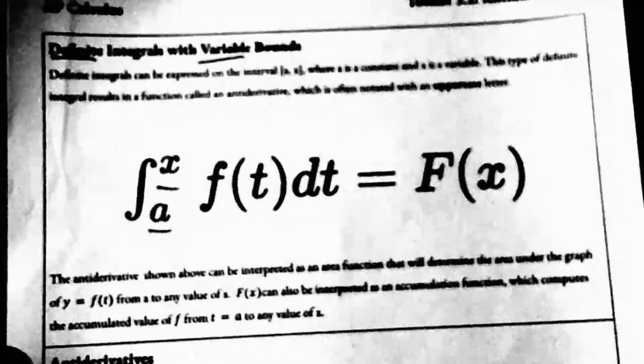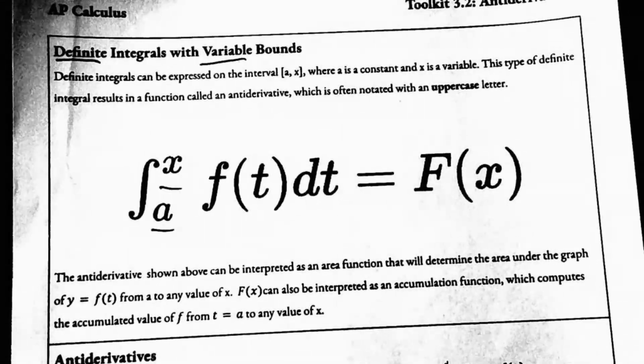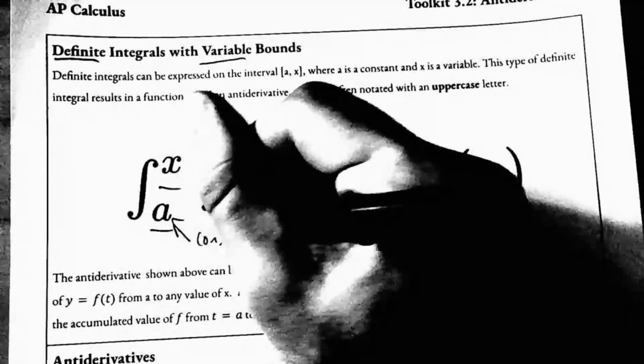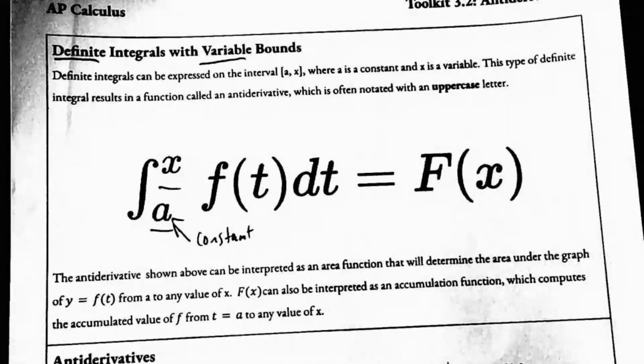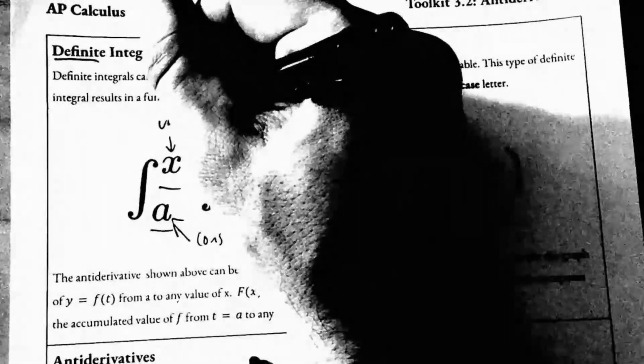So definite integrals can be expressed on an interval a to x, where a is a constant. So it's good to label: this is a constant. So it's still an a to b, but instead of another constant, x is a variable.